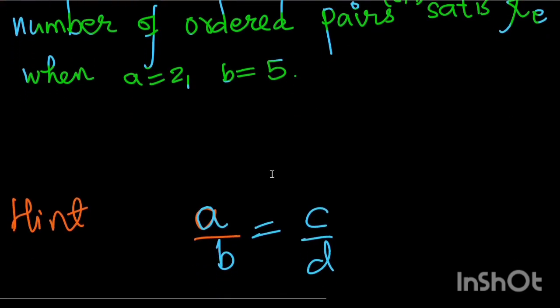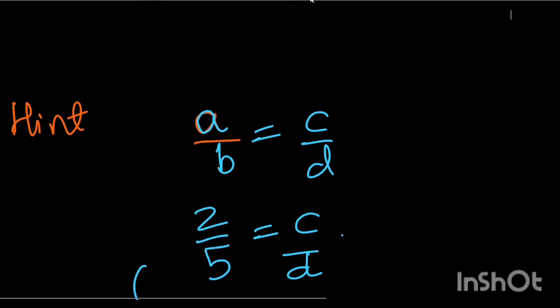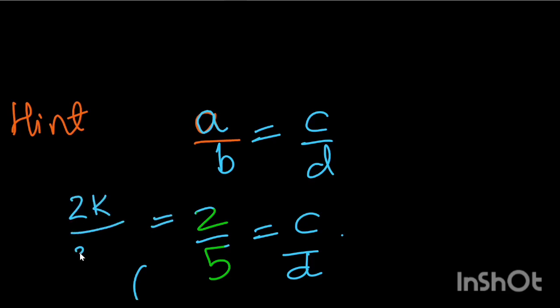So guys, A by B equals C by D is given. We will substitute A is equal to 2 and B is equal to 5, equals C by D. So what can C and D be? We can think of 2 by 5 as 2k by 5k, where k is some natural number.